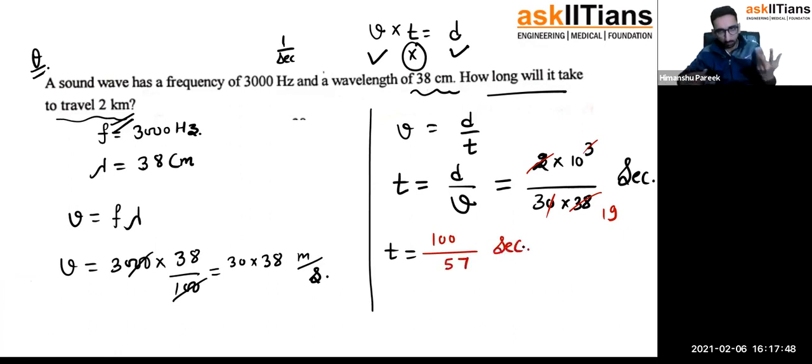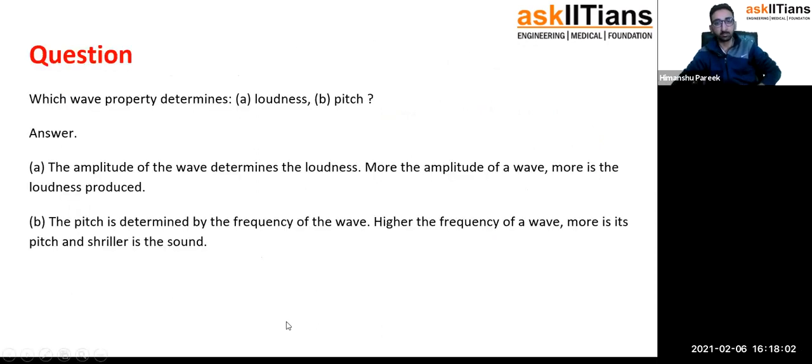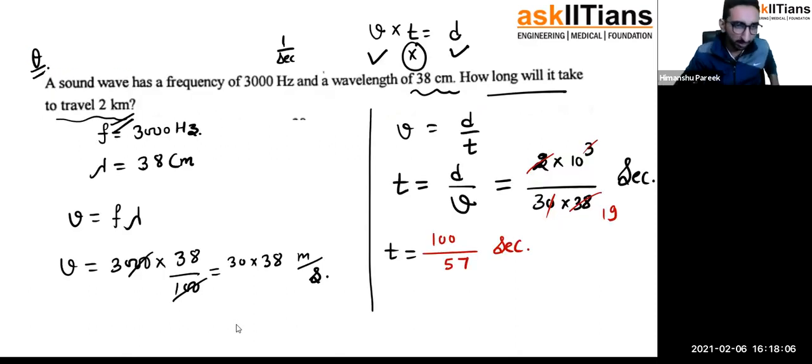So 1 point something it would be coming. So these many seconds the wave will take just to travel 2 kilometers of distance. Right. So it's a very high frequency, so speed is very high here. All right. That's the meaning of the speed of a sound wave, and that's how we calculate it. V is equal to f lambda.